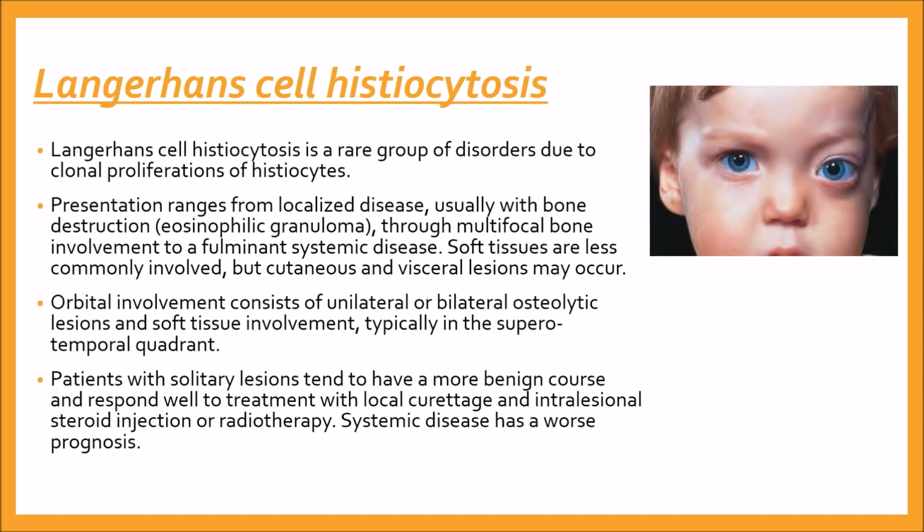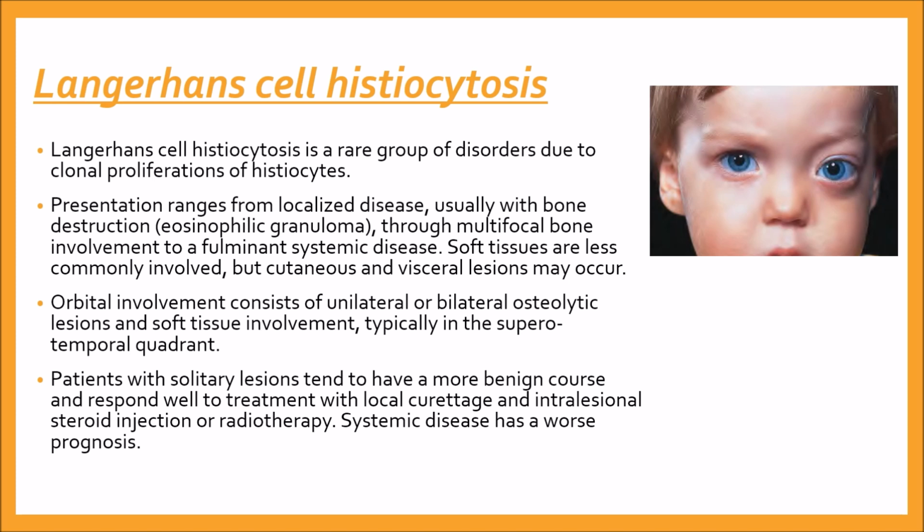Then is the Langerhans cell histiocytosis, which is a rare group of disorders due to clonal proliferation of histiocytes. Presentations range from localized disease, usually with bone destruction, which is eosinophilic granuloma, through multifocal bone involvement to a fulminant systemic disease.